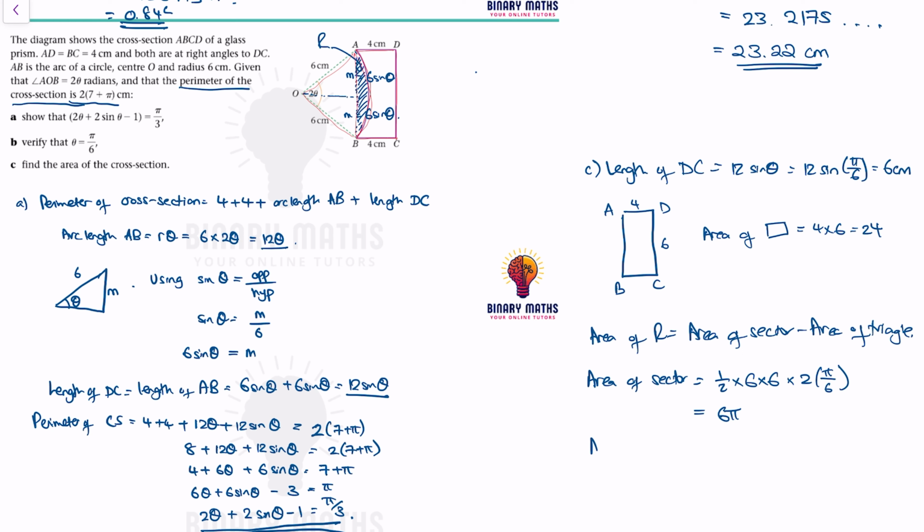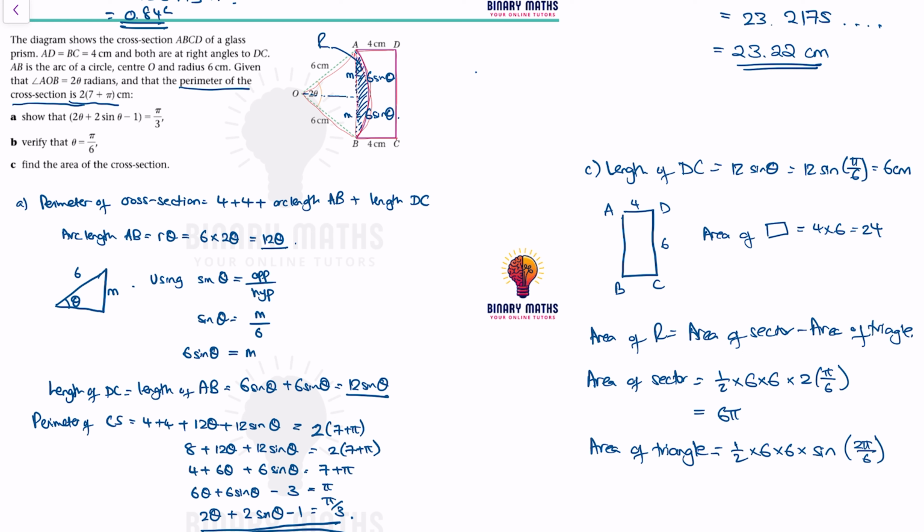Okay, in a similar way, the area of the triangle using the area of triangle formula is half times 6 times 6 times sine of 2 theta, which is sine of 2 pi over 6.